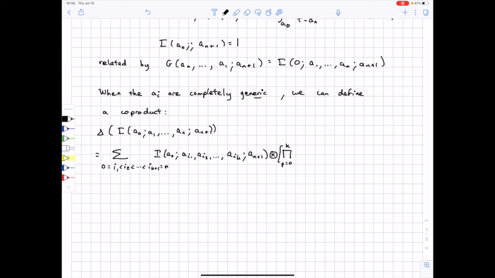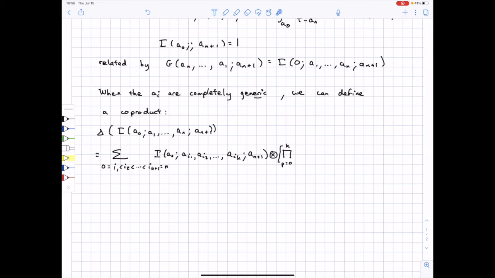And now we are going to pick up the a's that we might have skipped over here, and we pick them up sequentially in between each of these successive pairs. So it goes like this.